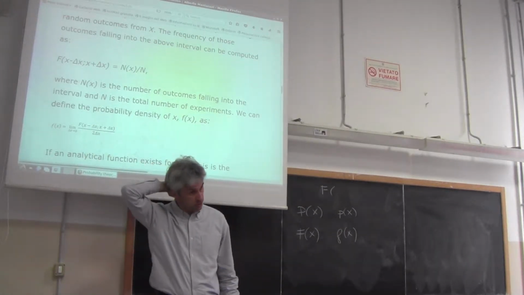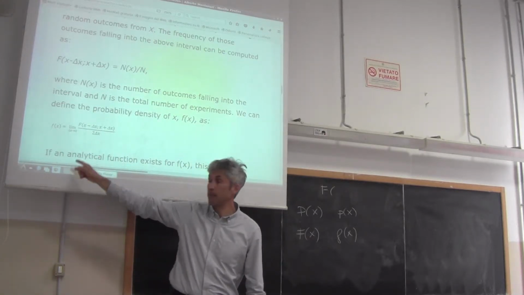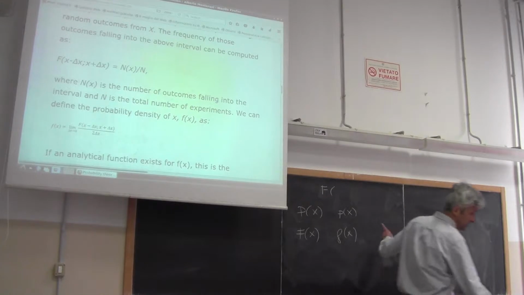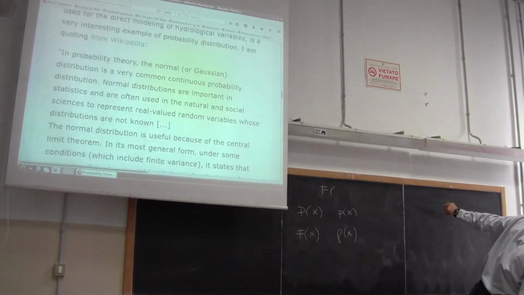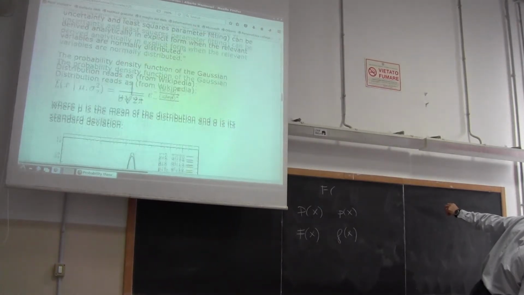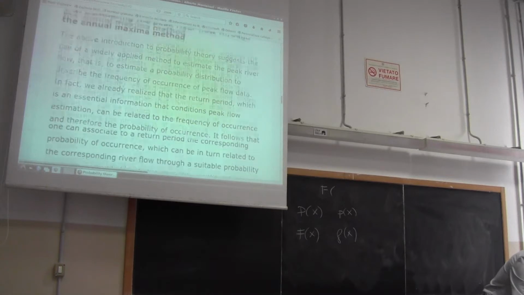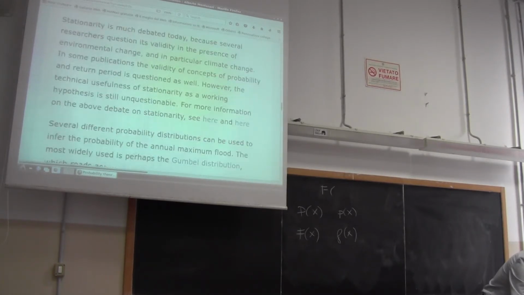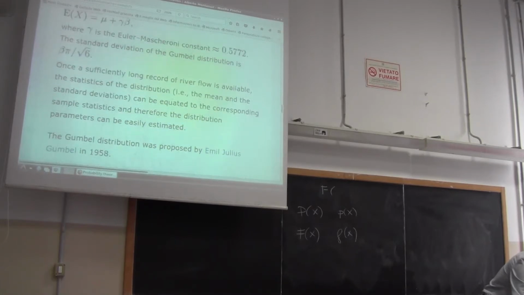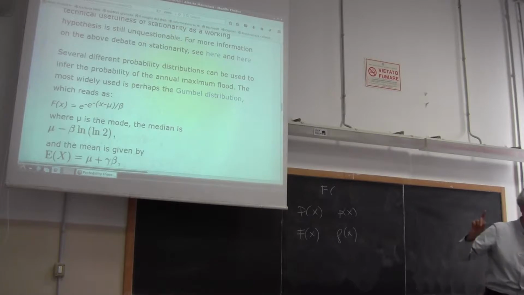In the Italian literature, frequency is called with the symbol capital F. And then I use again capital F to mean cumulative probability. And therefore, I used the lowercase f for probability density, and then here I'm using again capital F as cumulative probability, probability of not exceedance. So this is something that I need to change.